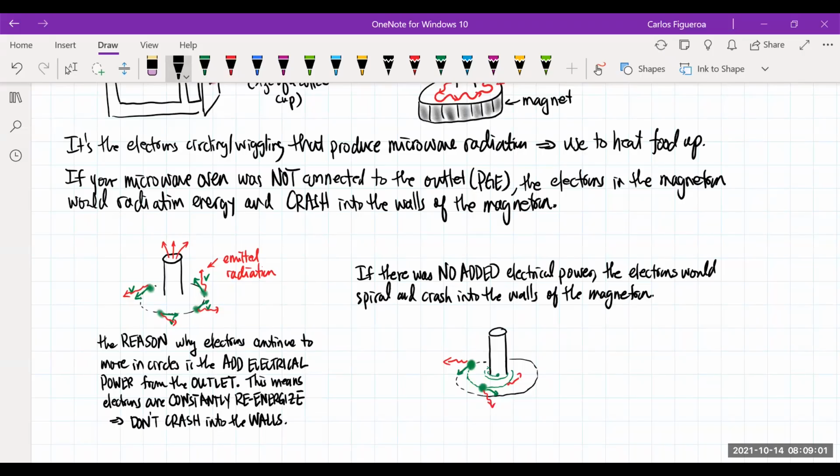So what we're seeing here is that with the constant emitted radiation, electrons lose energy. And that's what Rutherford said.